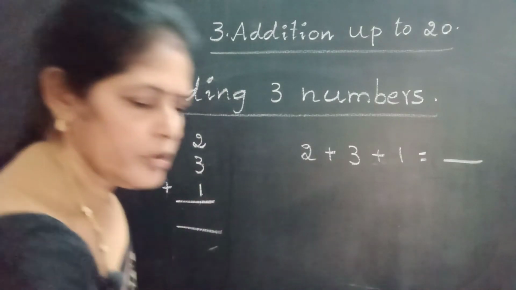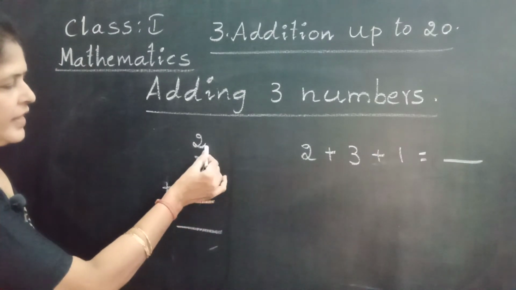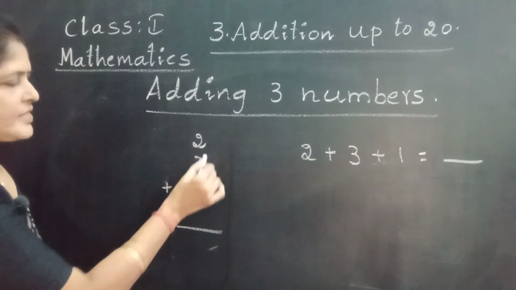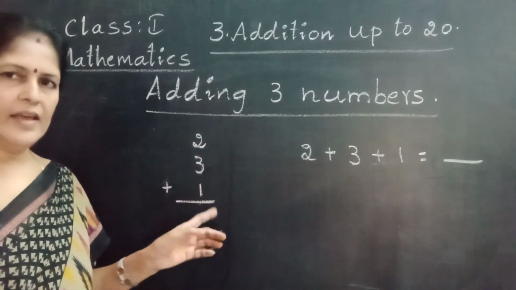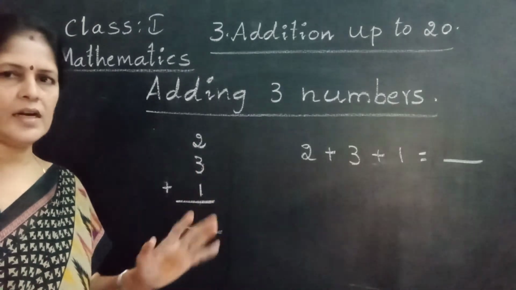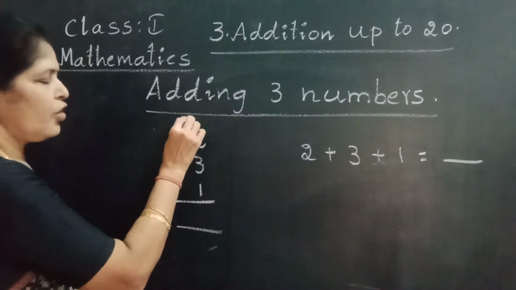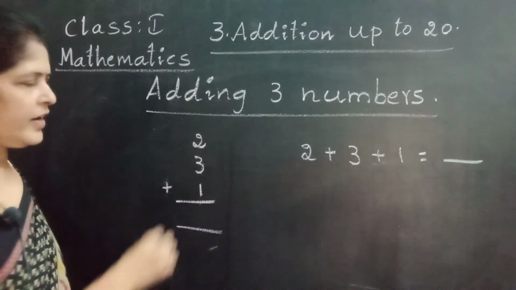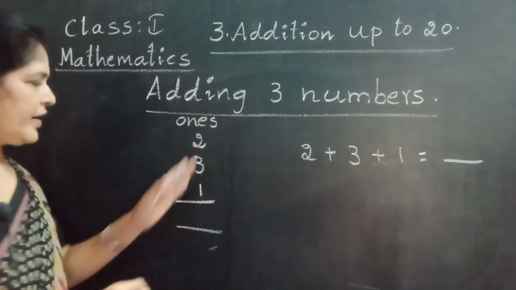How to do 3 numbers addition? See. First add first number and second number. We get the total. Next go to the third number. Ready now? Very easy. These all are ones, single digit numbers.